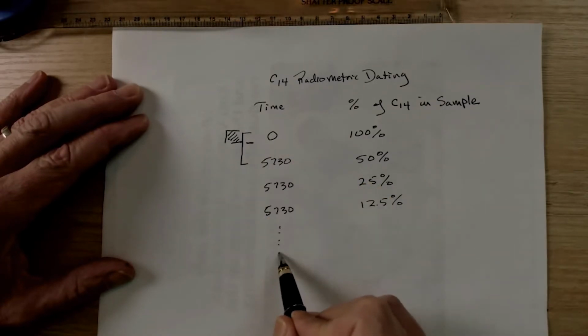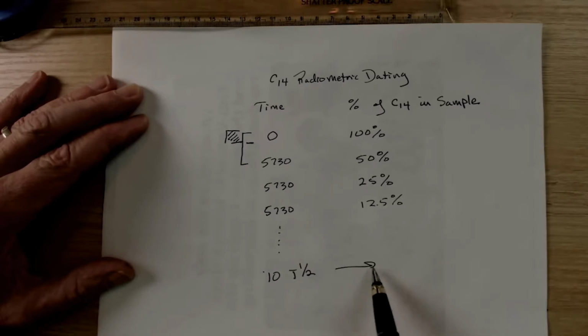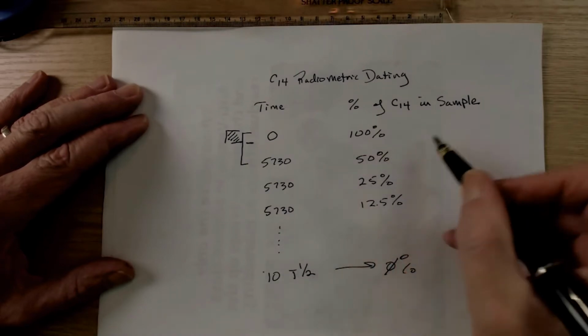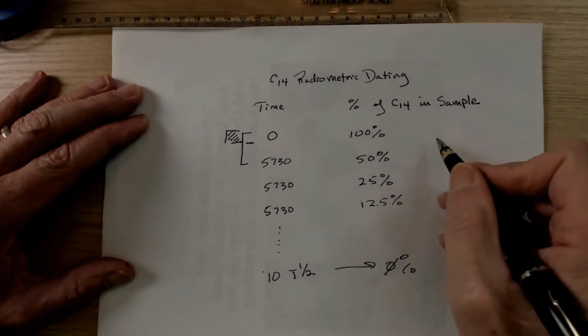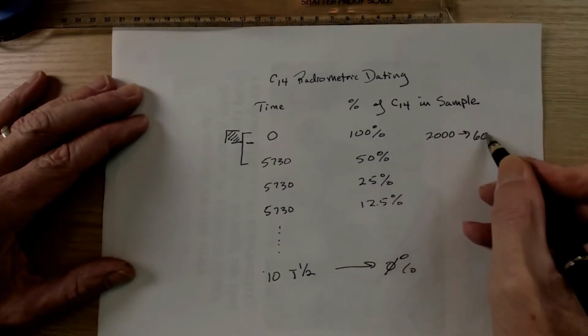Now we can also go out here to about 10 half-lives. And after that, we have so little left, it's essentially 0%, and we can't really adequately measure it. So carbon 14 dating is good from probably 2,000 years to about 60,000 years.